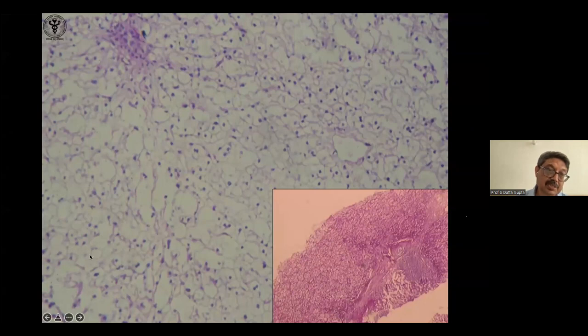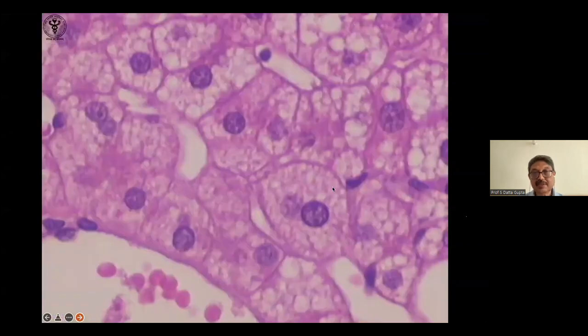These large spaces are because of fatty change. Now, here, these cells are enlarged. They are not water clear. You find small little rounded nodules. So this is foamy degeneration. Foamy degeneration is generally associated with accumulation of fat within the cells.